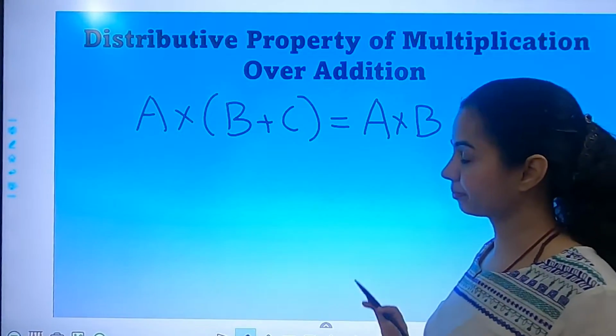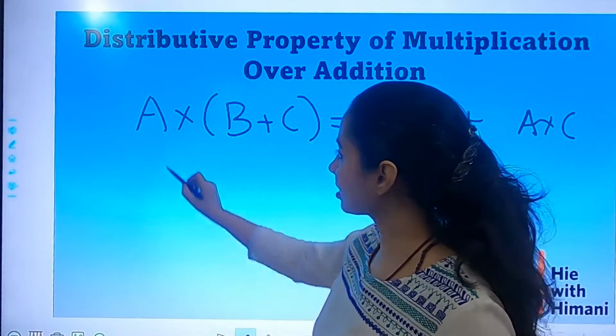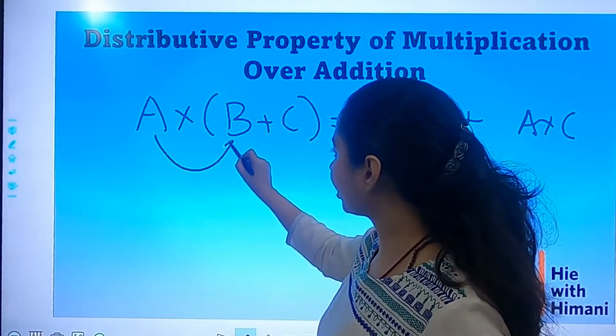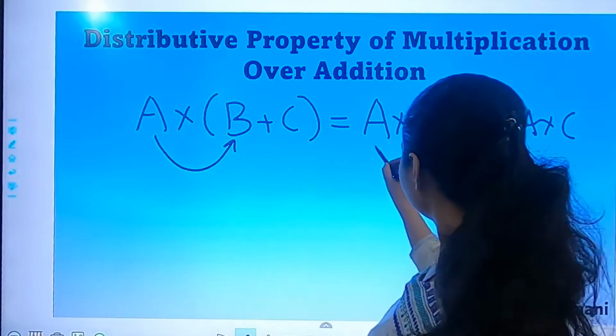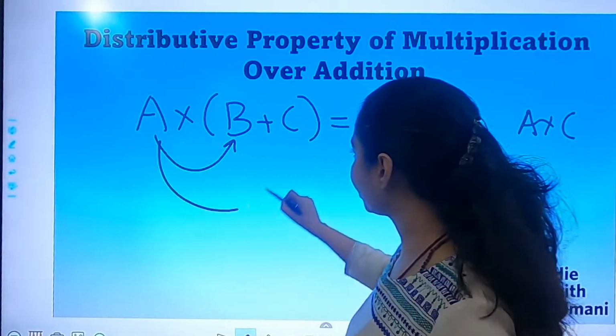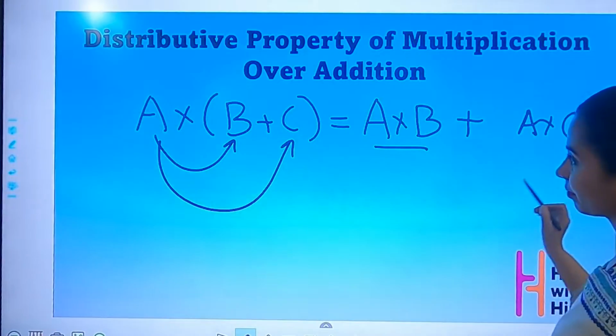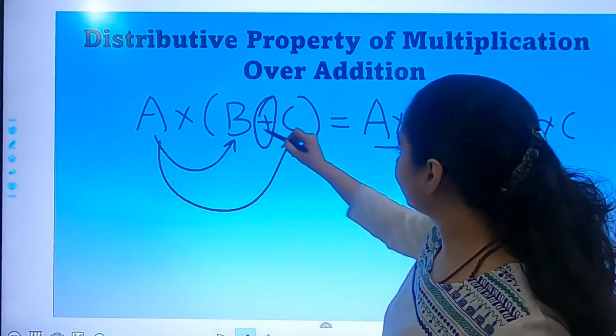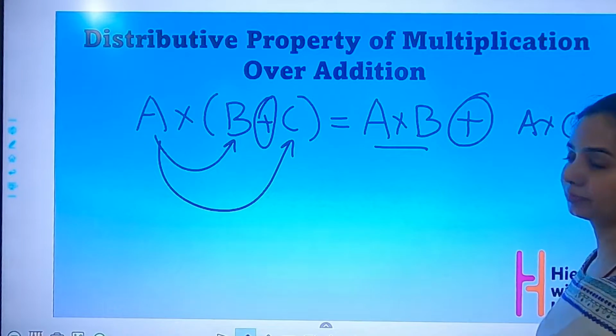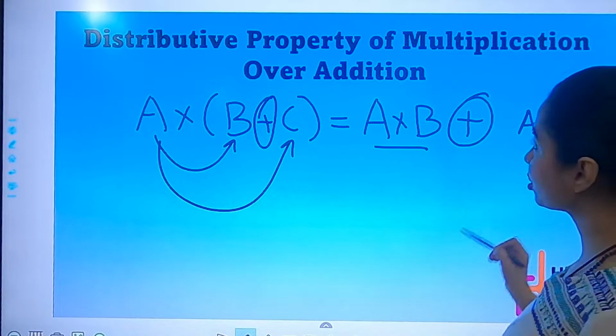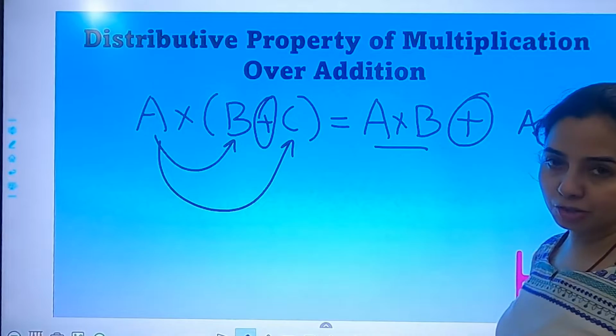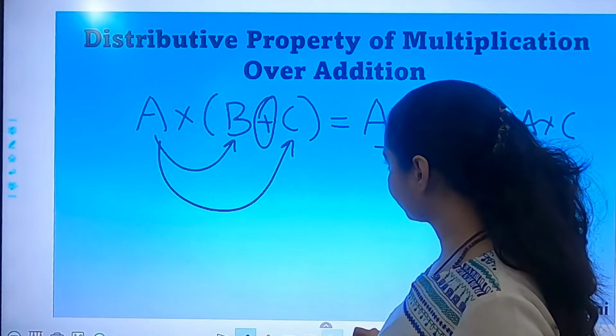It will be the same. So this is the distributive property of multiplication over addition.